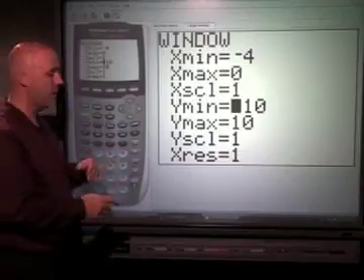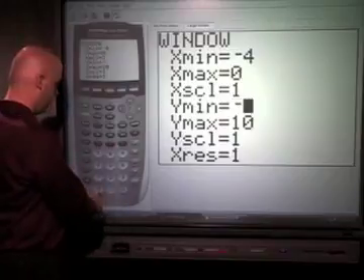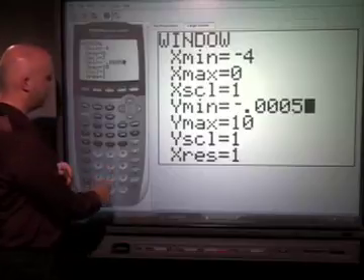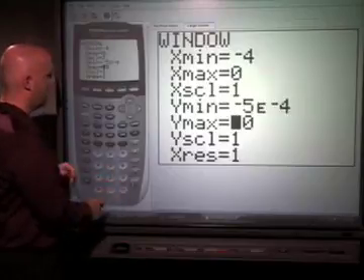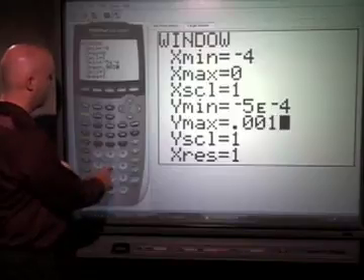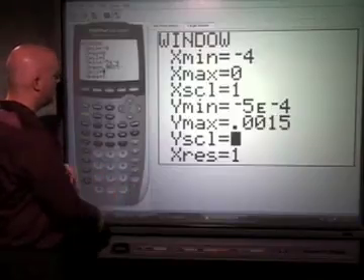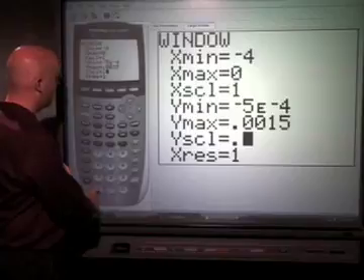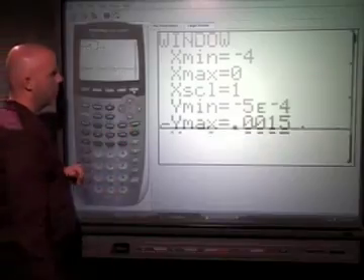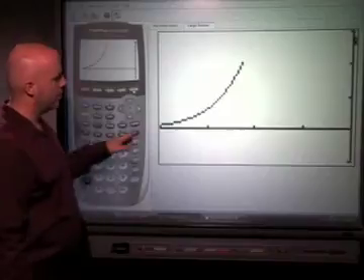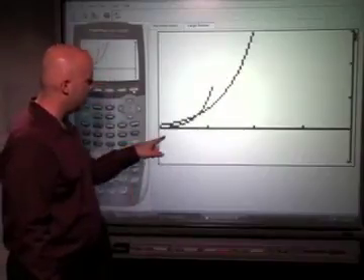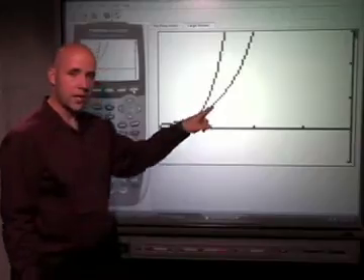Now here our y min will be -0.0005, and our y max will be 0.0015. And we'll scale by 0.0005. We graph that. Here we have the graph of y1, and we'll see the graph of y2 come through, and we do get an intersection point.